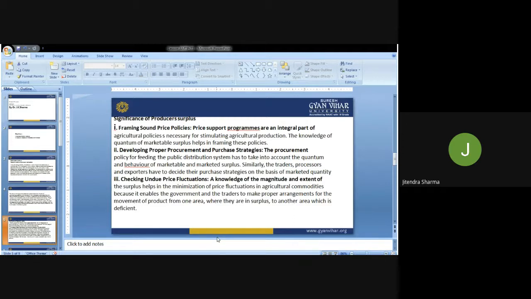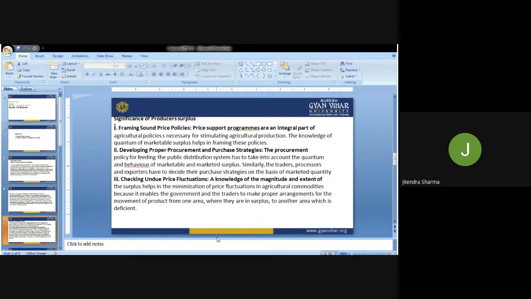Similarly, the traders, processors, and exporters have to decide their purchase strategy, in what way they will obtain the raw material in the form of agricultural commodities, on the basis of the marketed quantity. That is very important. So for developing proper procurement and purchase strategy, the significance of producer surplus is very important.